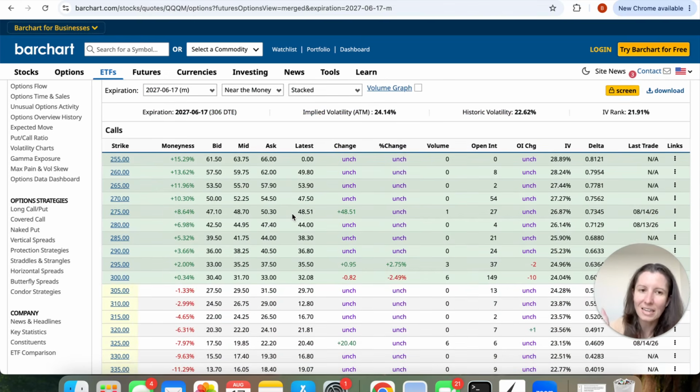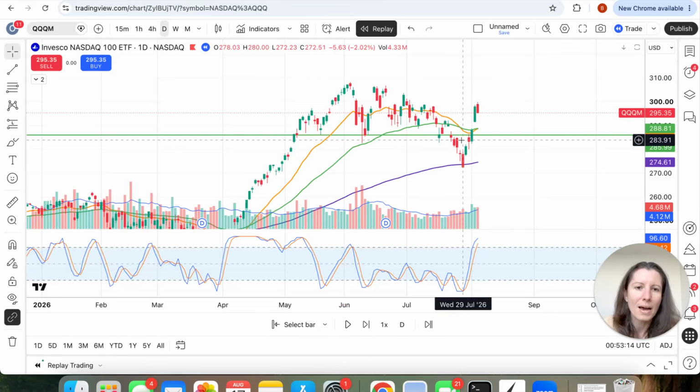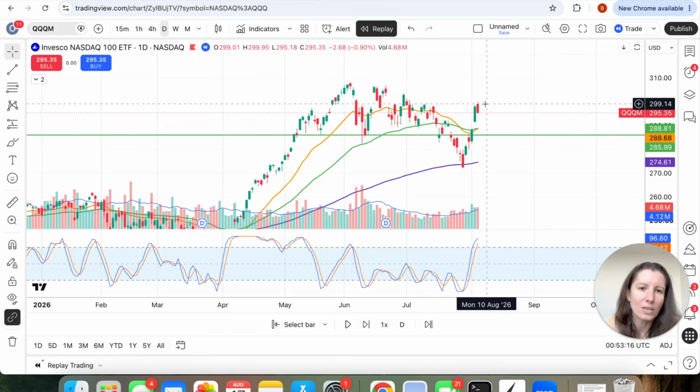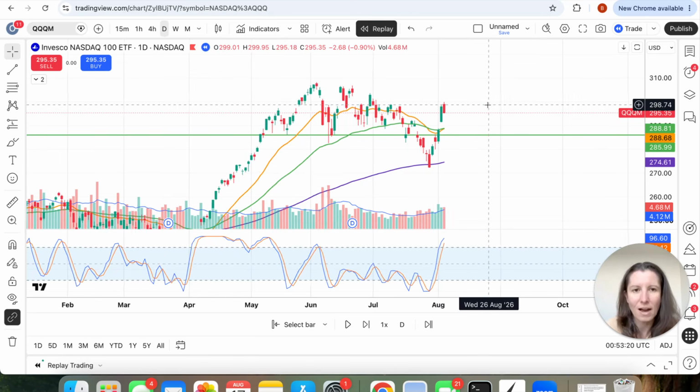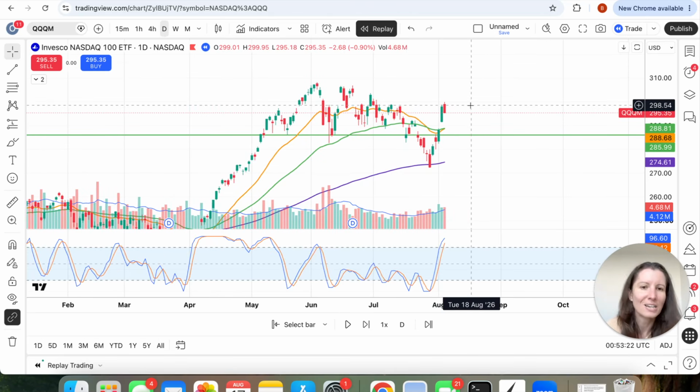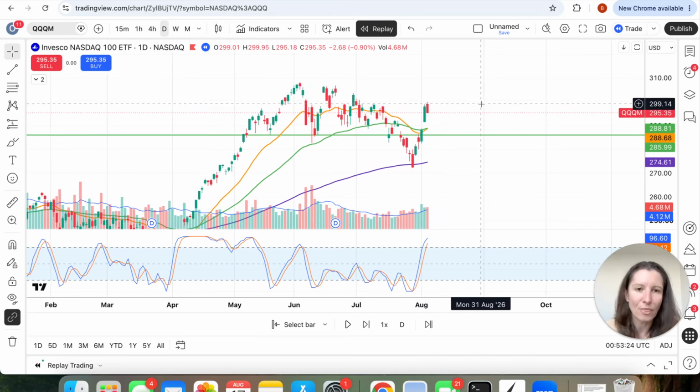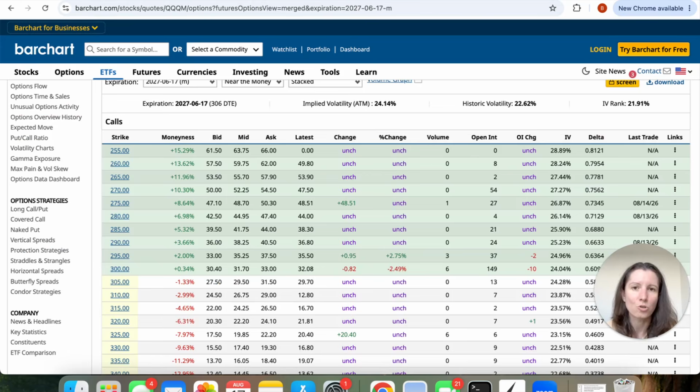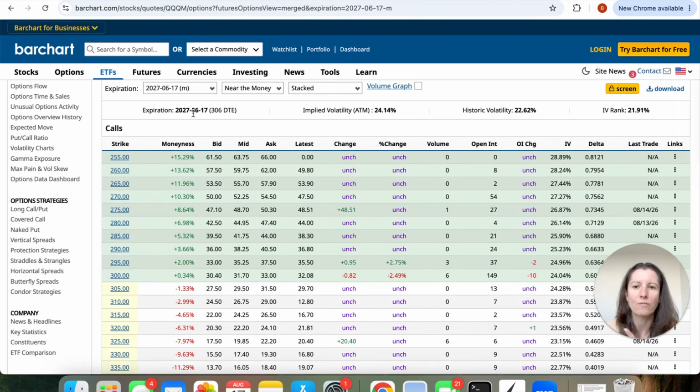If anything, it might end up costing me more money because, of course, the contract's more expensive. But when I'm looking at this move, I expect it to happen sooner rather than later. If it takes us more than 1 month, more than 2 months to get up here, my trade's gone bad, right? So I don't need that extra time anyway. So hence I just went for the June of 2027.